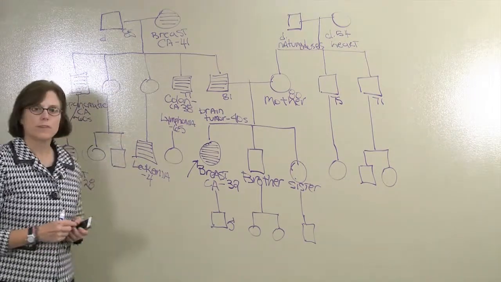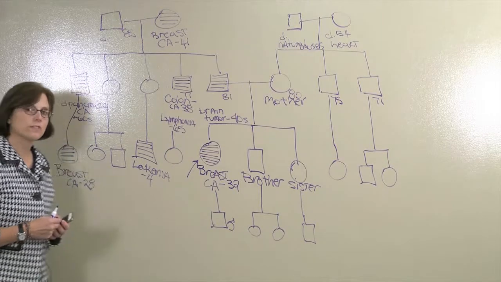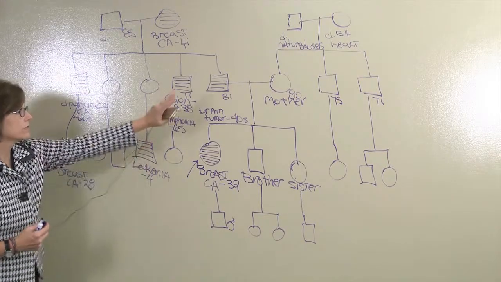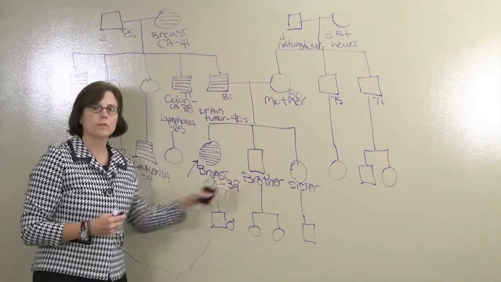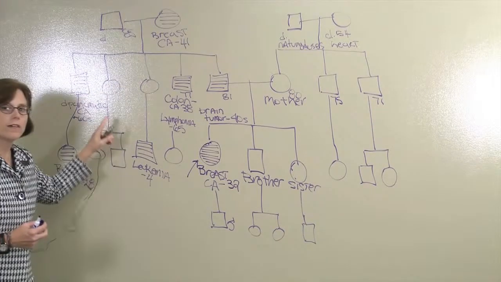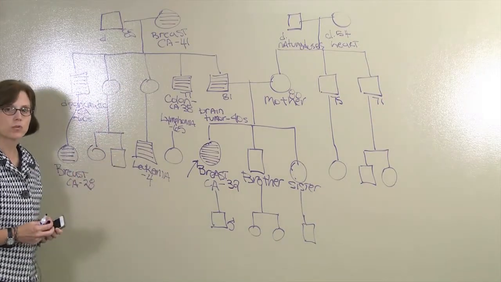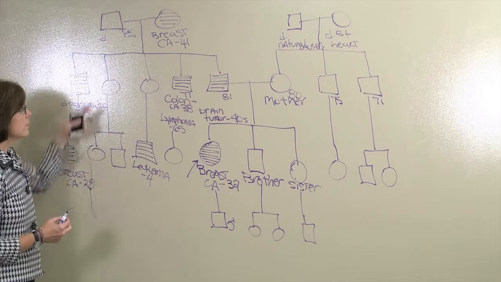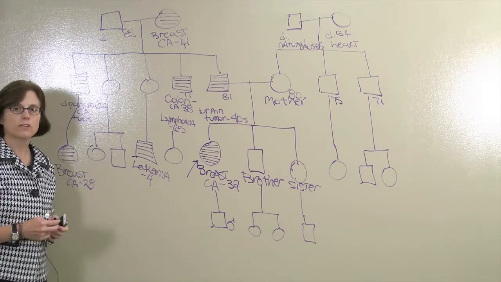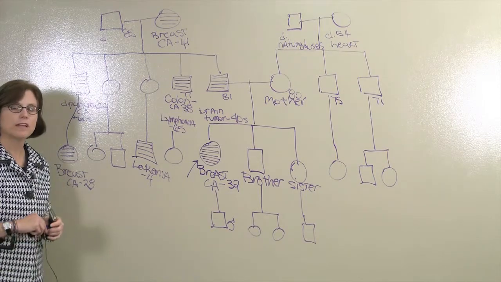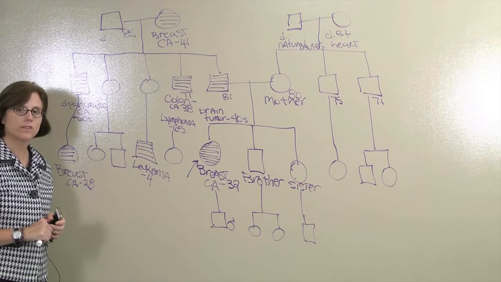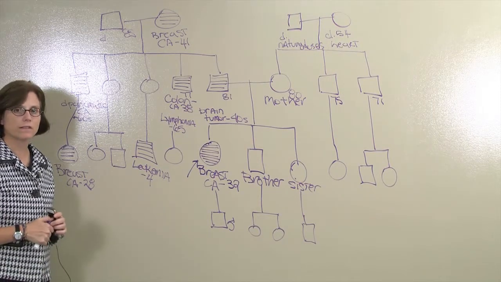In looking at this family, it's very clear to see the pattern. There's no family history on her mother's side, but her father's side tells a very different story. We see the features of hereditary cancer, and even though the cancer types are different in this family, the pattern is very clear.